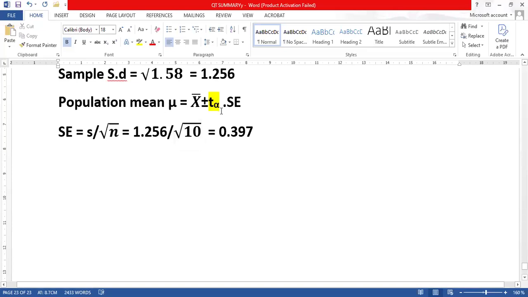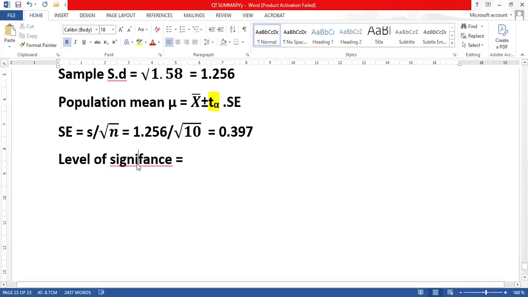How do we get the T from the table? The value of T from the table. Now this is where the difference is. Remember, the level of significance in this question is what?